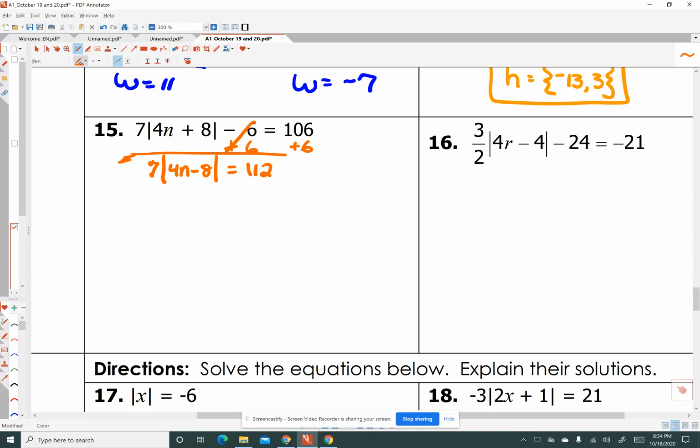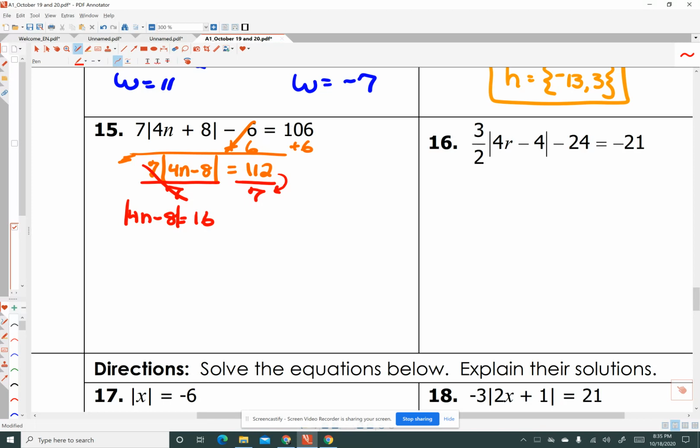Now we're going to divide both sides by 7 so that we can isolate that absolute value term, which gives us 4n minus 8 equals 112 divided by 7 is 16. And that's still absolute value.